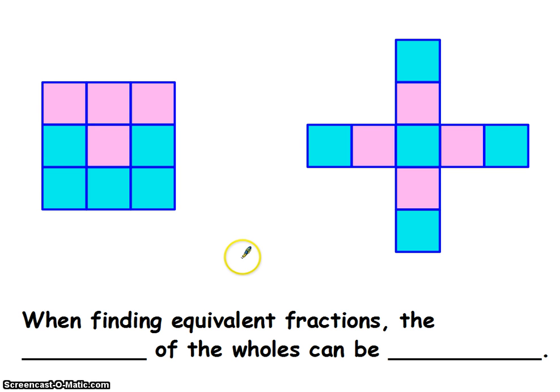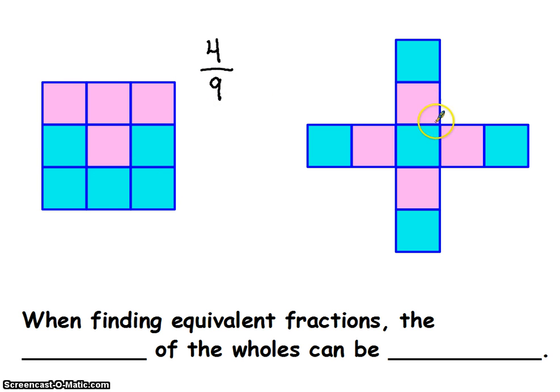So let's take a look at these two shapes now. Do they also show the equal or equivalent fractions, even though they're different shapes? Let's take a look. So here we have 1, 2, 3, 4 that are pink. And there are, let's see, 4, 5, 6, 7, 8, 9 all together.